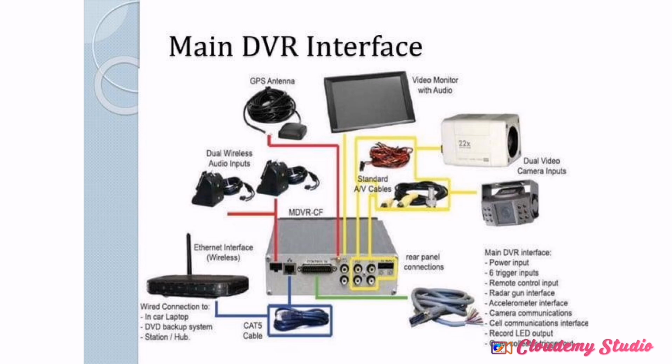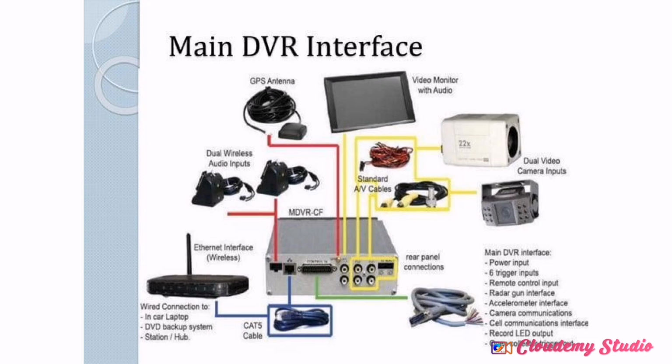So, many DVR interfaces. As you can see, this is just the connection. I'll start with this one, MDVR-CF. So these are for near panel connection. Then this is the LAN cable, the Ethernet or interface connection.